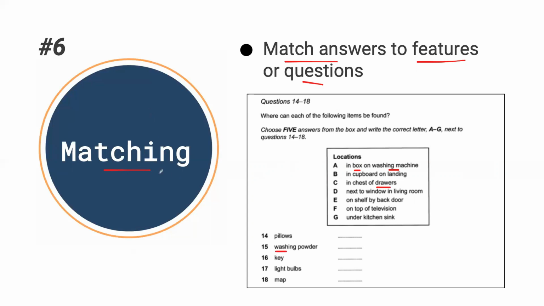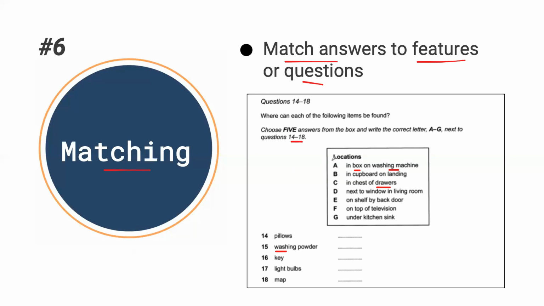In our lesson, we go over all the strategy that pertains to this question type, especially looking at the differences between the questions on the easier side and the questions on the more difficult side. What I mean by that is, if you look here, you have questions 14 to 18. So that's 5 questions. But here you have 7 locations.